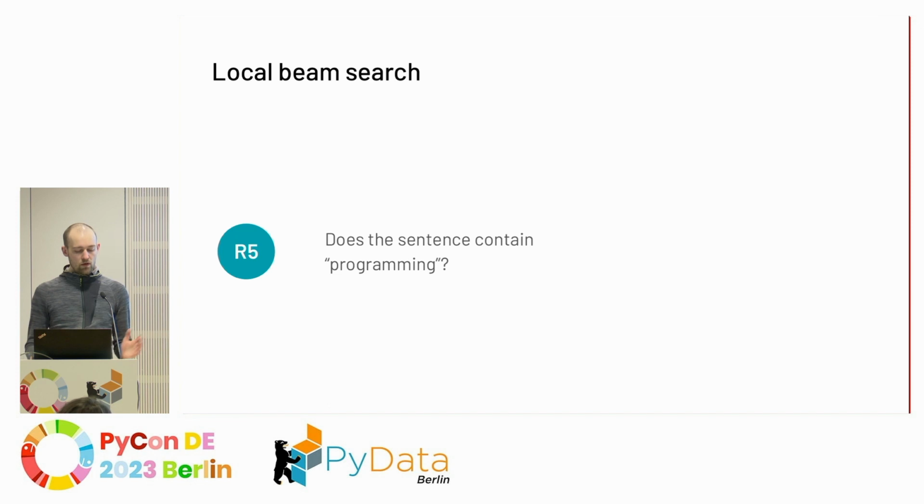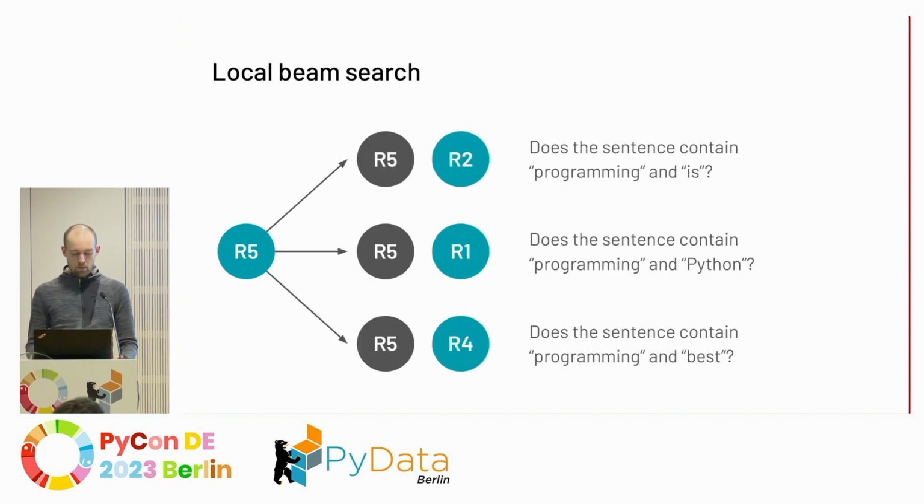And then out of this rule we'll derive the so-called next generation, which we can, for example, generate by just adding an additional random rule to it. So we have three possible children, or three possible new anchors that might be anchors, right? And then we have these three options, and we can go through and figure out which one of these is most likely to give us a positive sentiment.